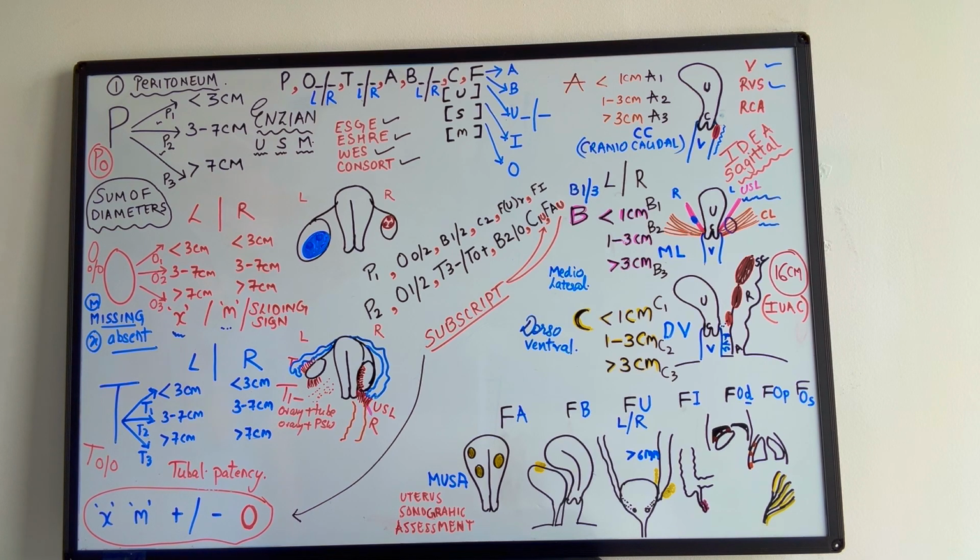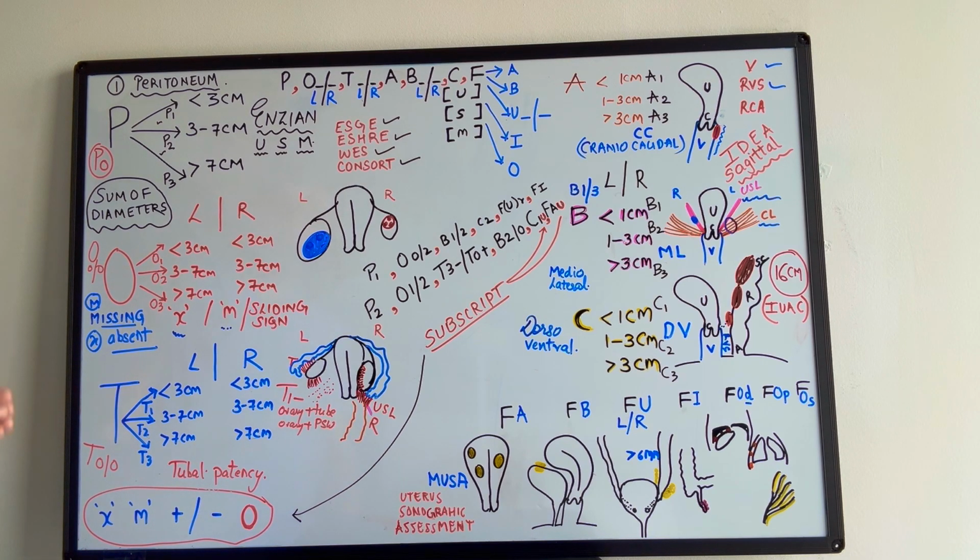O stands for ovary, divided into left and right, O1, O2, and O3. Again, the same numerical values: less than 3, 3 to 7, and more than 7 centimeters. T is the tubo-ovarian lesion, divided into T1, T2, and T3 on the left and on the right side: less than 3, 3 to 7, and more than 7 centimeters.